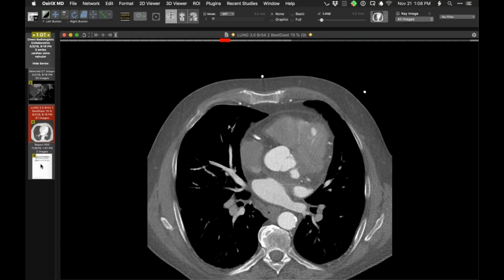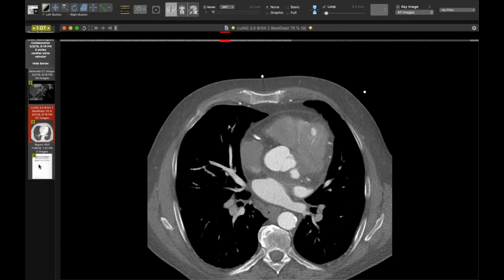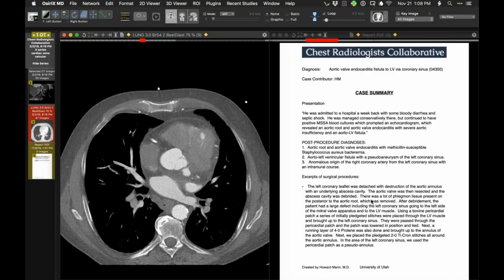So here is a nice clinical or surgical correlation. We have an aorta to left ventricular fistula, pseudoaneurysm involving the left coronary sinus. And you can see here that goes along with what we see, a description of a lot of phlegmon tissue present posterior to the aortic root, which was removed. You can see it was the abscess cavity.